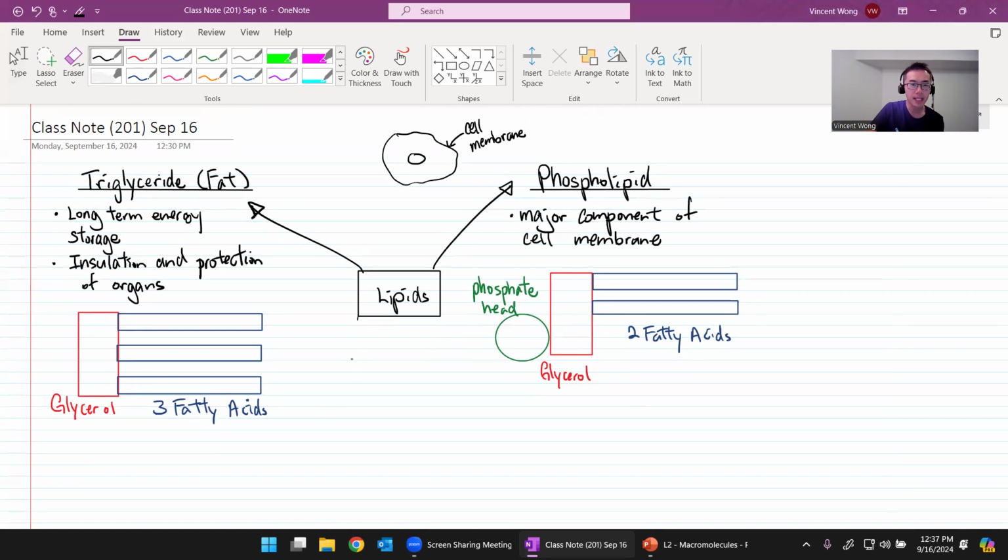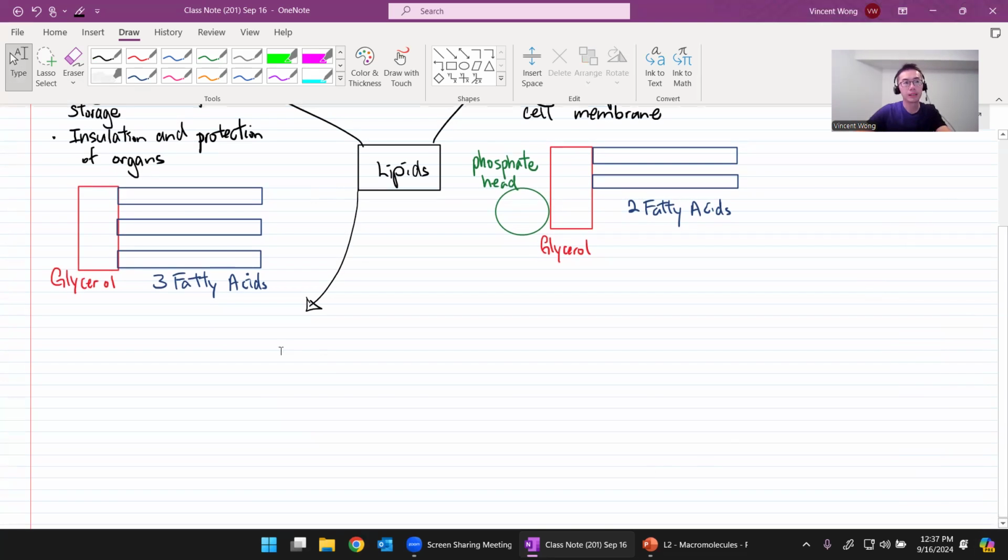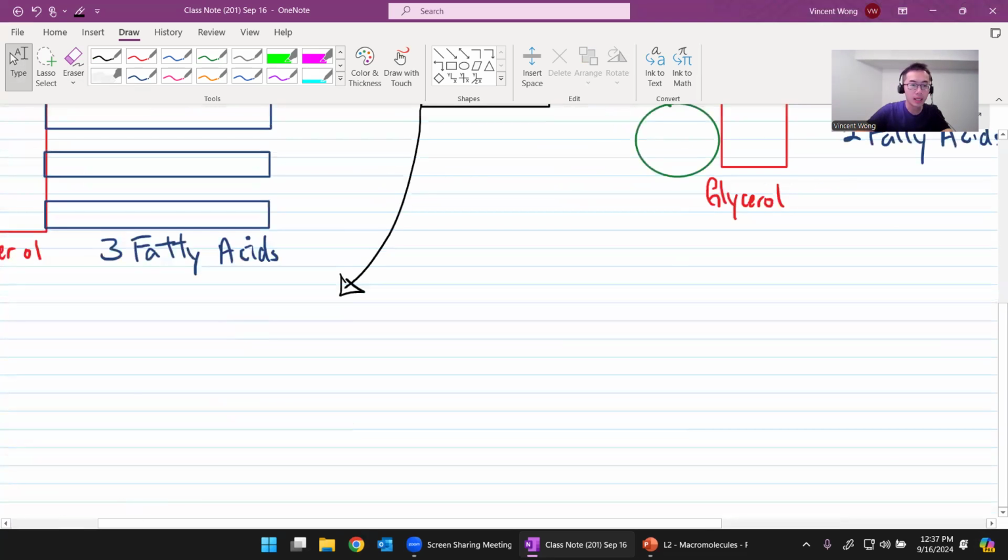All right. Does anybody have another example of a lipid that they can think of? Something that you probably heard of. No? That's okay.